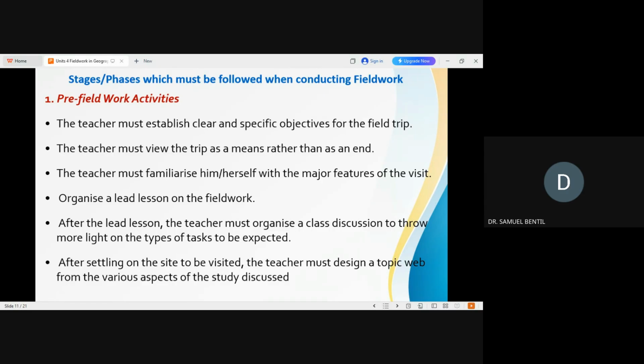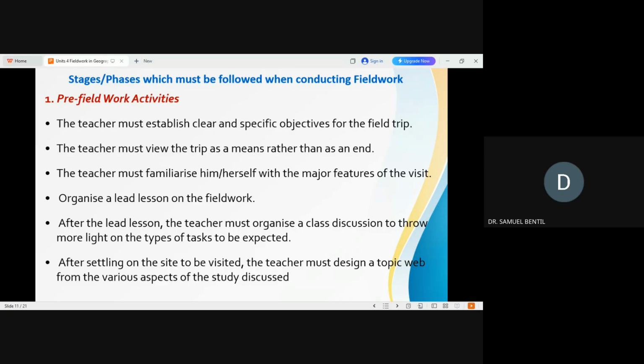Some of the tourist sites, there are times, seasons or occasions you cannot take people there. So you must first familiarize yourself with the place, the major features, the do's and don'ts, and other things in the area which are critical to the successful organization of the fieldwork.